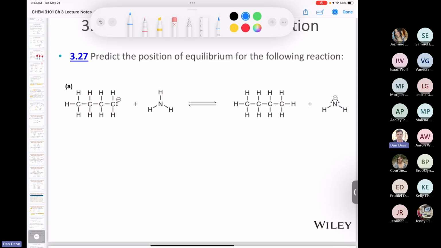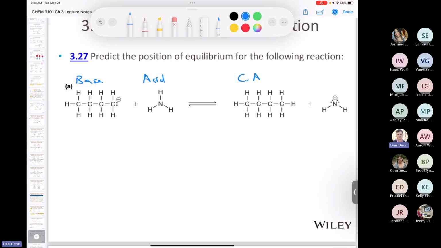So now, let's take a look at this question 3.27. It says, predict the position of equilibrium for the following reaction. So we have an anion, we have our amine, then we have an alkane, and then we have the amide. This is called an amide ion, not the functional group. So if we think about our base, because this is accepting a proton, the ammonia is our acid because it's donating a proton.